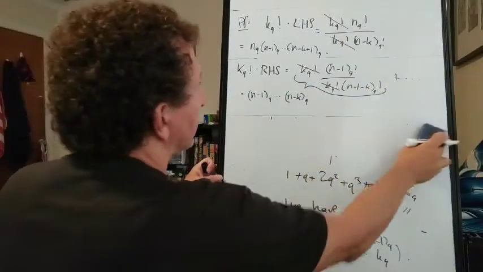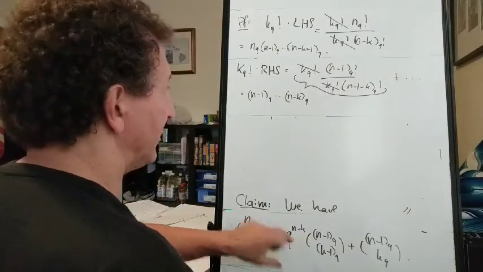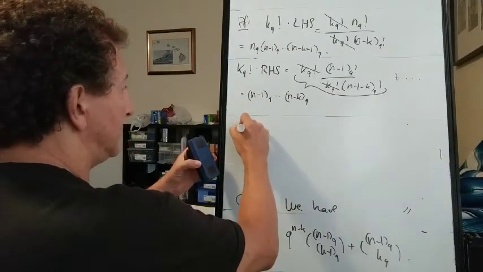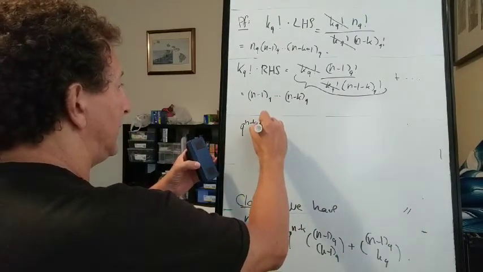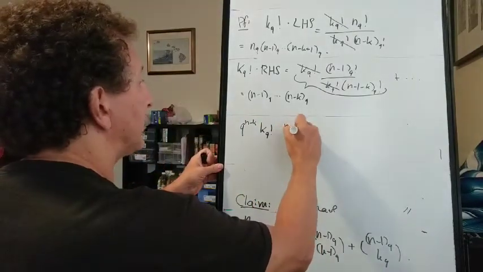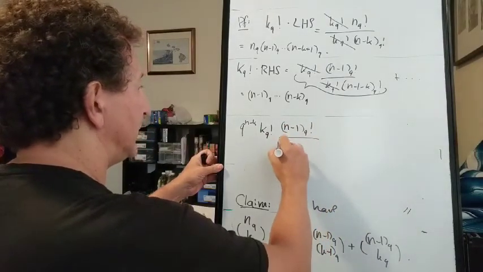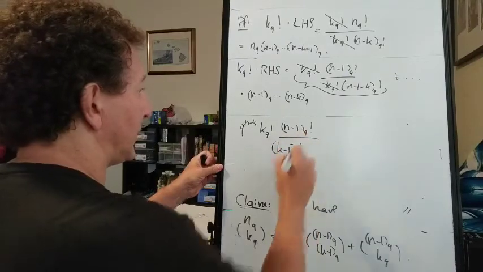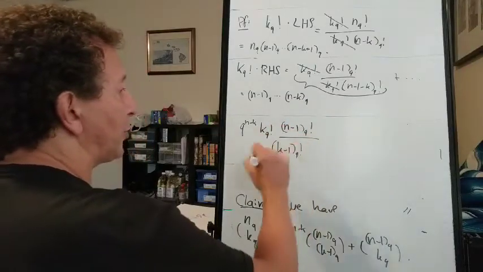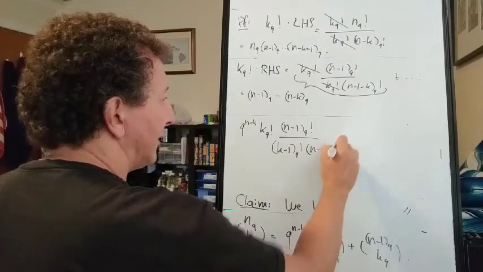Plus, let's see what else we have. q to the n minus k times quantum k factorial times quantum n minus 1 factorial over quantum k minus 1 factorial times quantum n minus 1 minus k minus 1, so n minus k factorial.